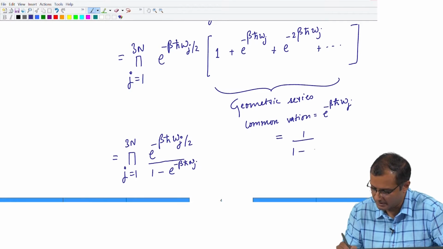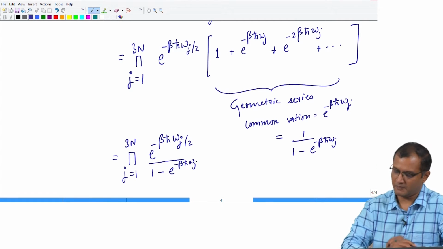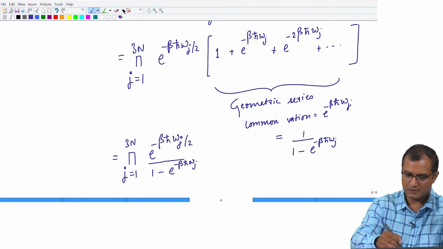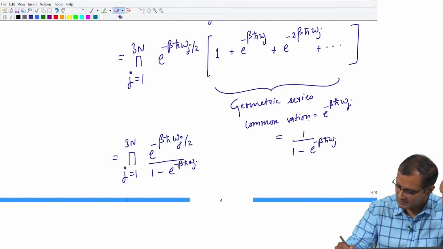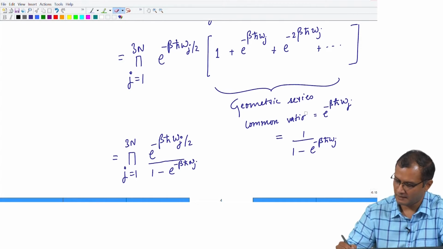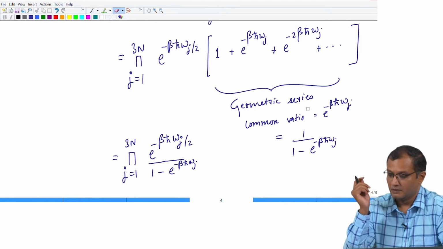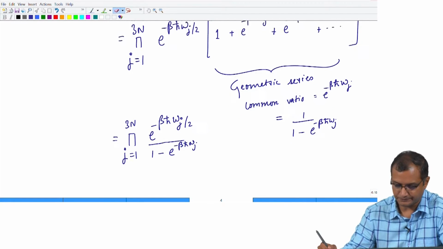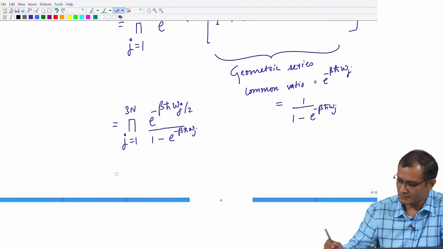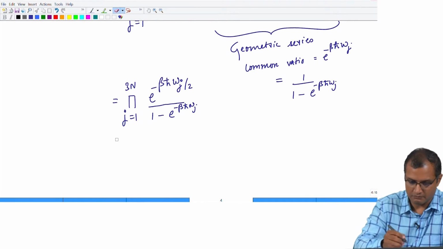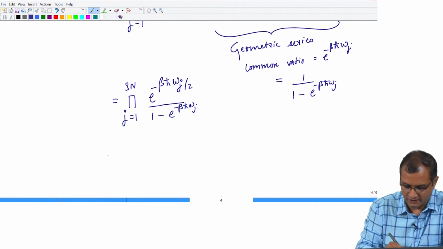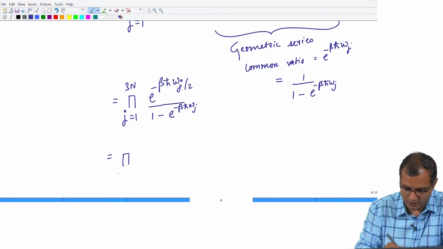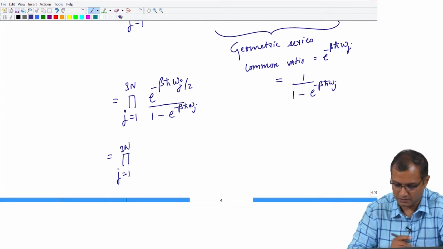So this is equal to 1 upon 1 minus the common ratio. Now you can see that I can reduce it further by multiplying the numerator and denominator with e to the power beta h cut omega j.